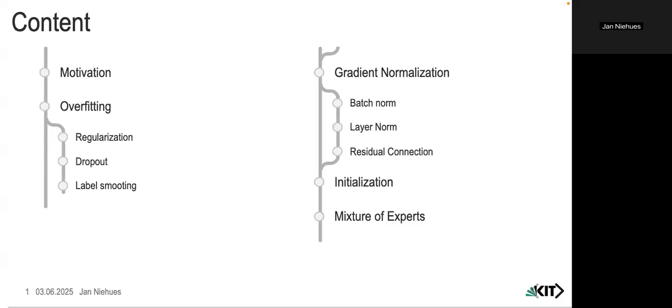And then we'll look a bit more into gradient normalizations and how we can better work with gradients. There we look at 2, batch norm and layer norm, and then also what are called residual connections, which is similar in having a better flow of the gradients, so that it's easier to learn.